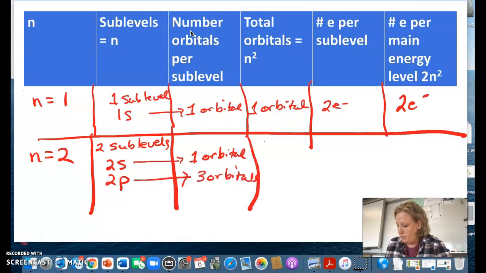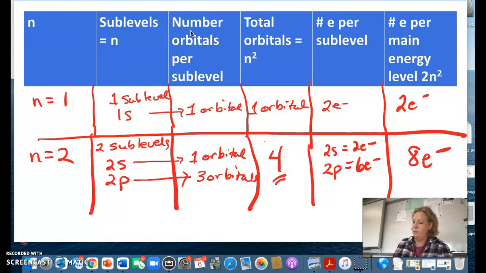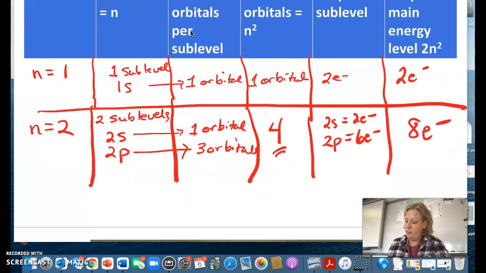So my total orbitals is 4. For electrons per sublevel, in the 2s I could have 2 electrons, in the 2p I can have 6. So the total number of electrons is 8, which is also just double the number of orbitals, because each orbital can hold up to 2 electrons.